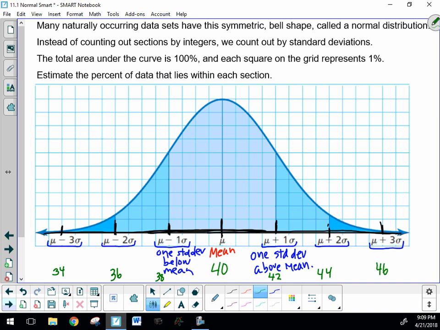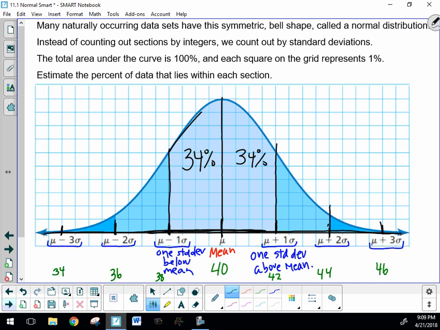So when you have your distribution broken up into sections by standard deviations like this, a normal distribution always has the same percentages in each section. These two sections closest to center are each accounting for 34% of the data.